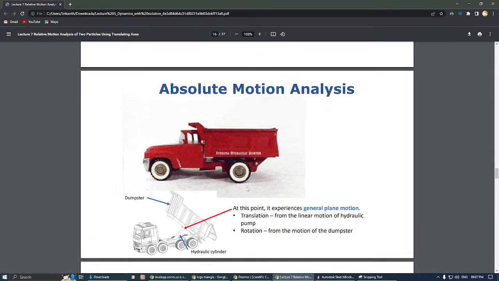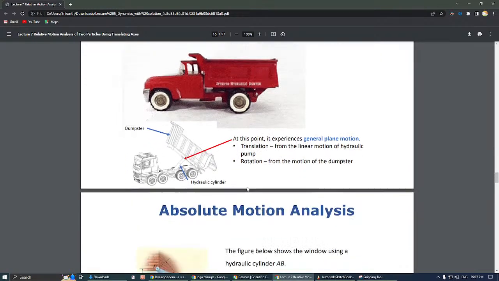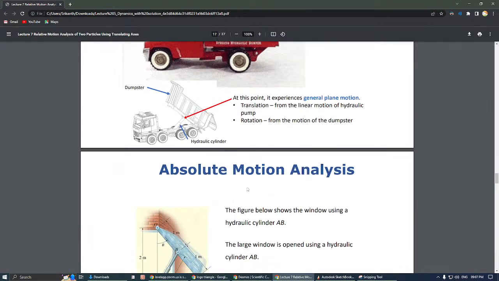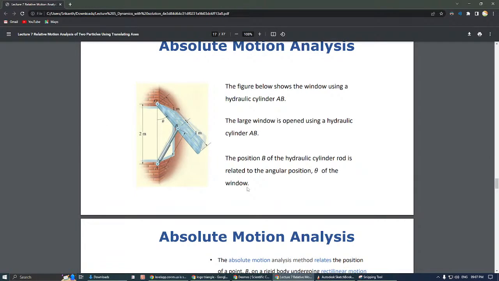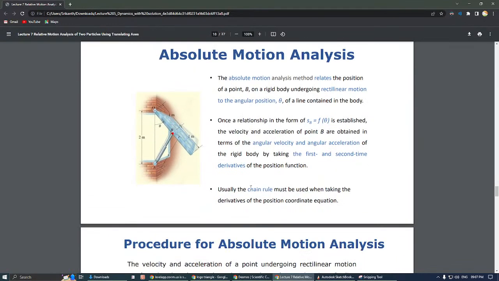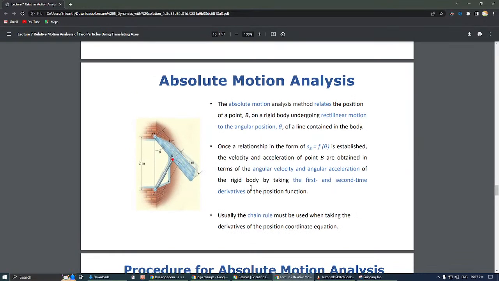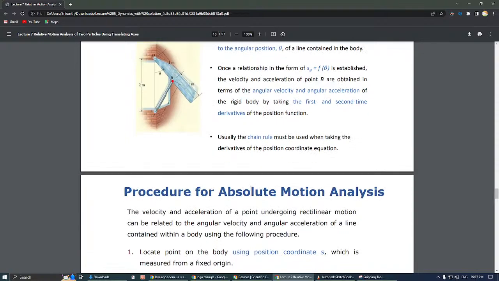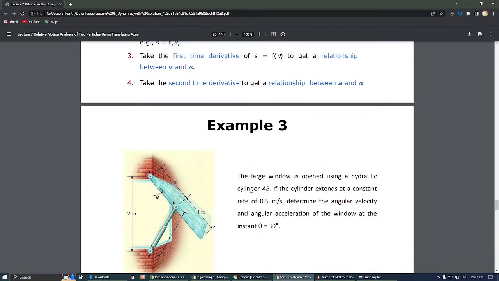Absolute motion analysis. Translation and rotation. Motion analysis procedure.